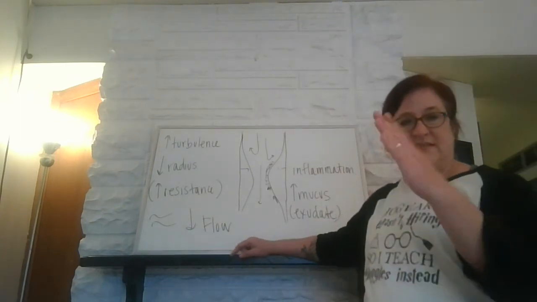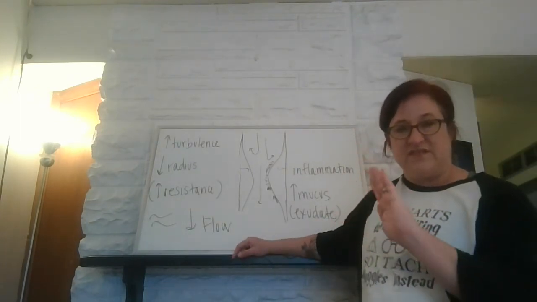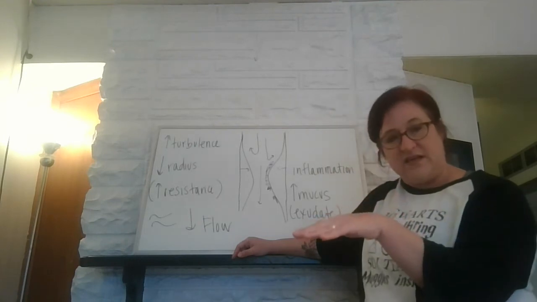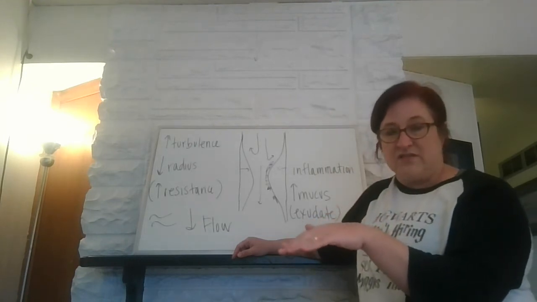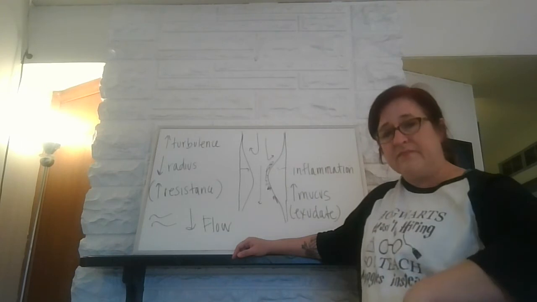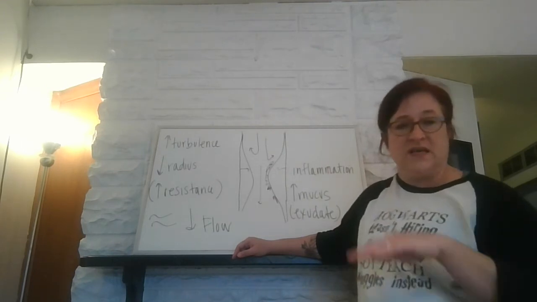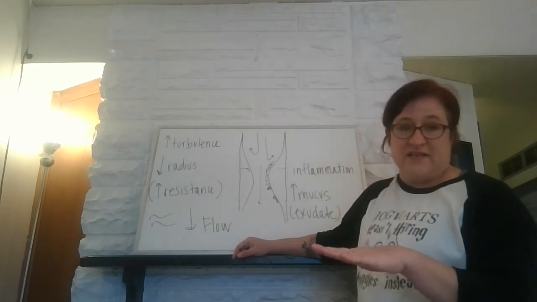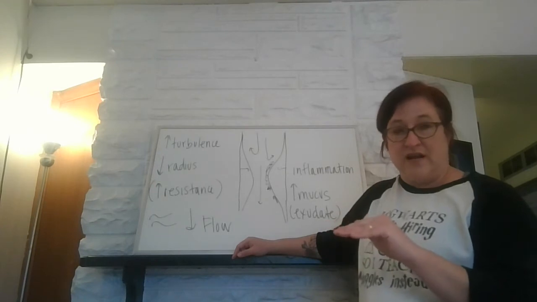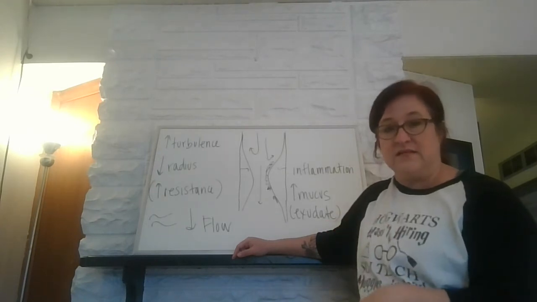Epiglottitis is inflammation and infection of the skin flap that covers the larynx while you're swallowing so that food doesn't go down into the lungs. So if that gets infected, it could completely obstruct air going down past the larynx into the lungs.